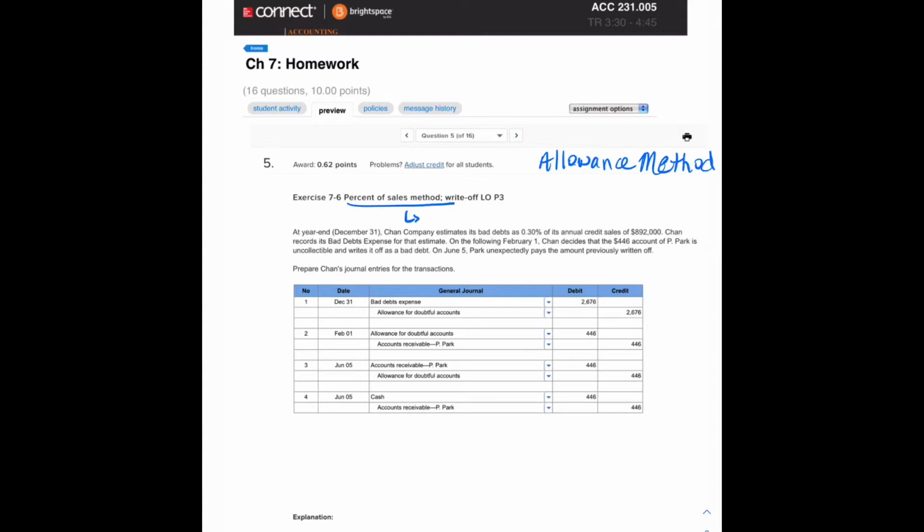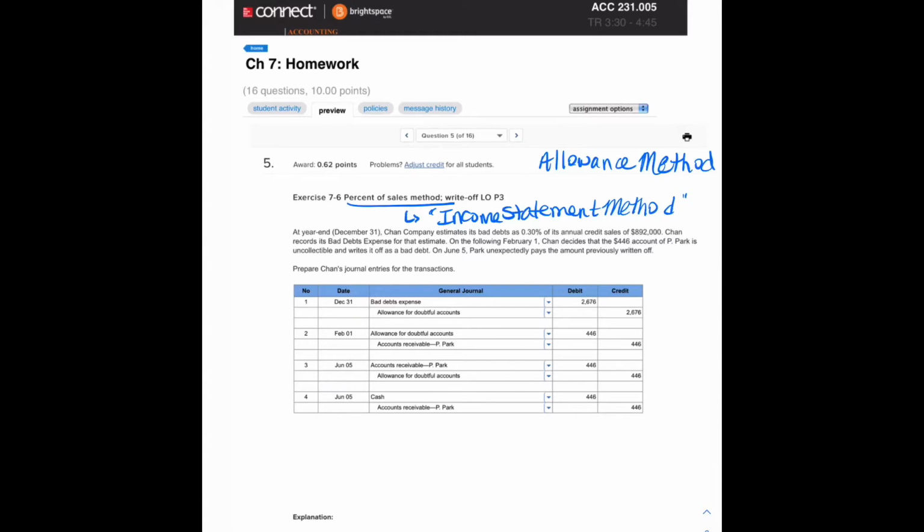Specifically, you'll often hear the percentage of sales method referred to as the income statement method. And so what this means is that the focus here is that we are trying to emphasize the matching of this expense to the sale because we're going to base it on our sales.